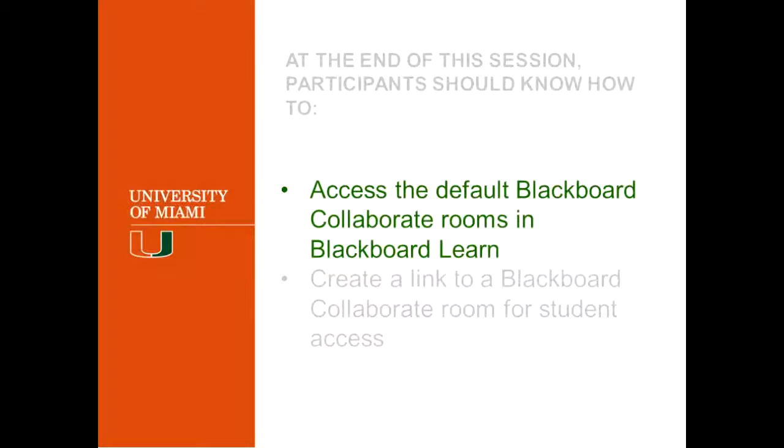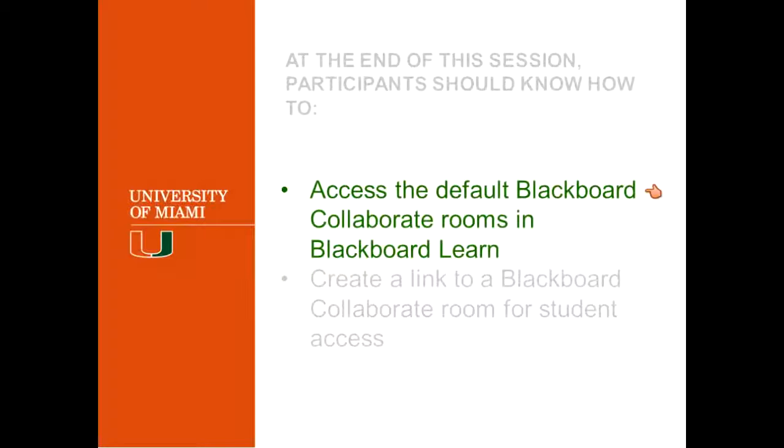Okay, let's go back to the whiteboard. I said that there were two goals in this session. One is to access the default Blackboard Collaborate rooms in Blackboard Learn. I hope that you understand what the rooms are. There's a room for every class, and there's a room for every instructor by default.